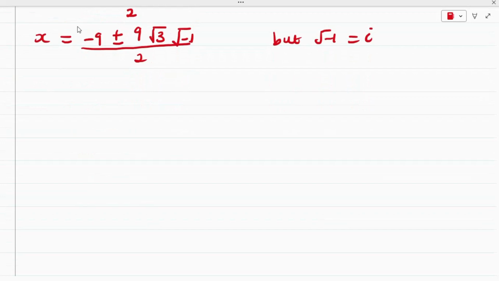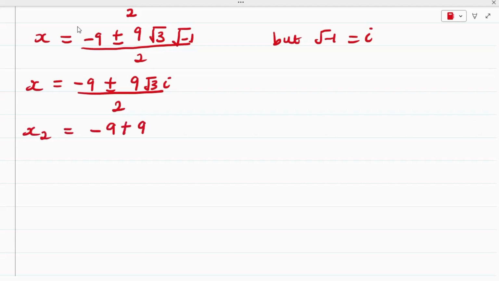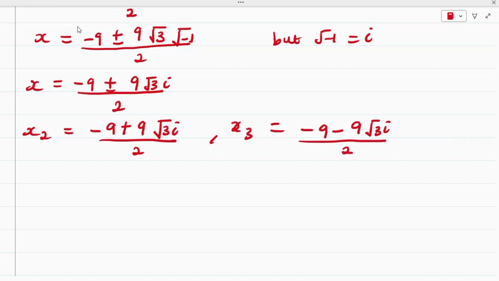So from here we have that x is equal to minus 9 plus or minus 9 root 3 i over 2. Okay, so we have been able to find the second and third values for x. So we say x2 is equal to minus 9 plus 9 the square root of 3 i over 2, and x3 is equal to minus 9 minus 9 root 3 i over 2. So this becomes the value of x.